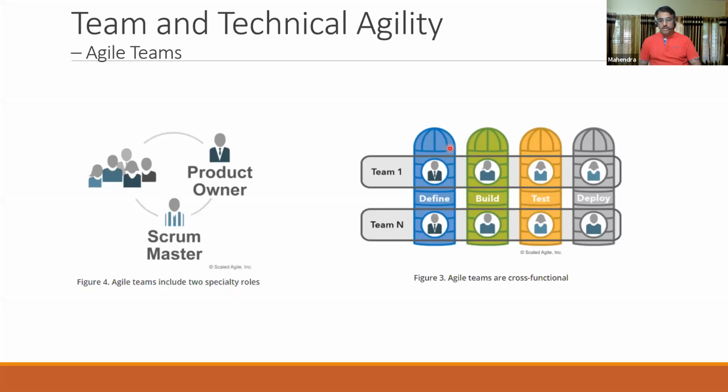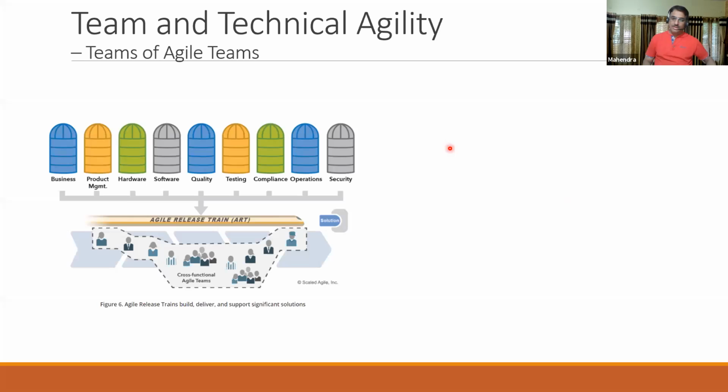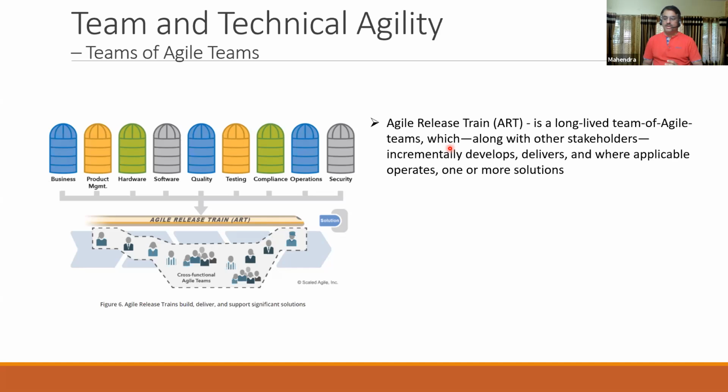Now, the next dimension is teams of agile teams. Now that we are clear on what a Scrum team is, how a Scrum team operates, and the roles of the Scrum team, how do we organize ourselves as a team of agile teams? That is where the concept of the agile release train comes in. The agile release train is a long-lived team of agile teams, which includes stakeholders, developers, product management, and everyone.